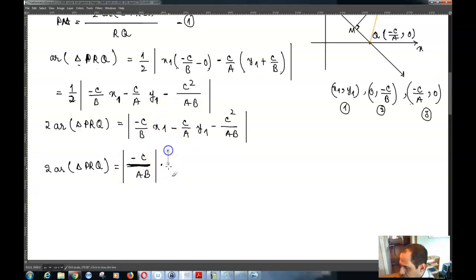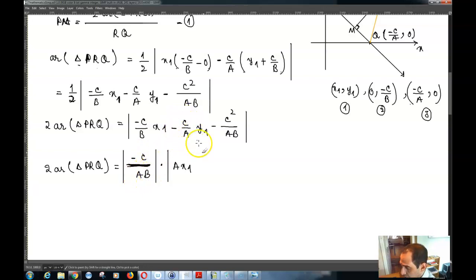And I multiply it by C over negative C, so I take this one out and a B out, and I've taken basically an A out from the denominator. And since it's not present here, I have to add it to the numerator. So it becomes A times x1. Now if I take a negative sign out here and C out here and A out here, I've taken a B out in the denominator.